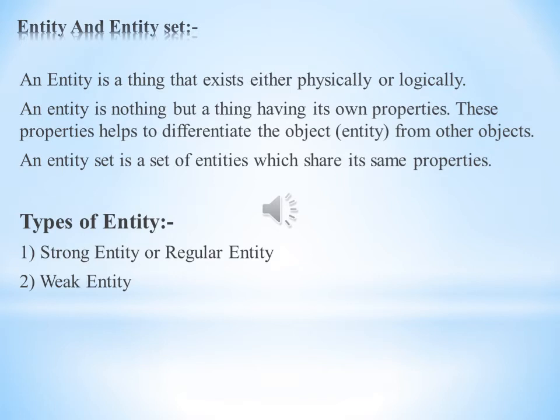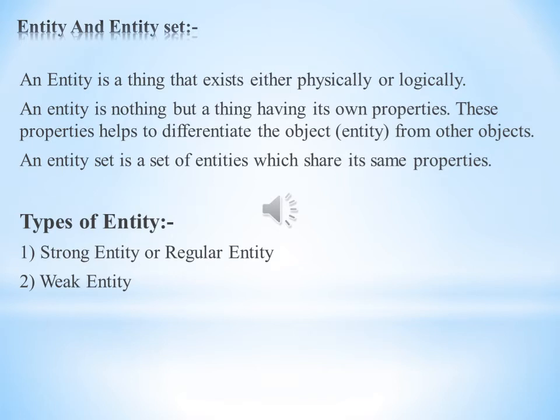Some basic concepts in the ER model are shown here: entity sets, attributes, relationship, and constraints and keys. Now we discuss the entity and entity set. What is an entity? An entity is a thing that exists either physically or logically.